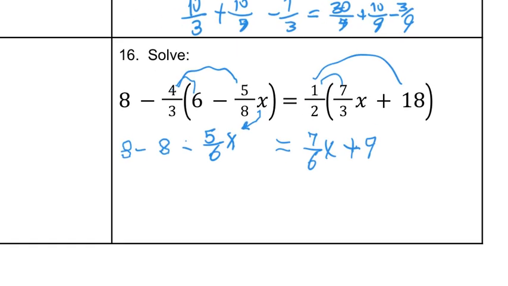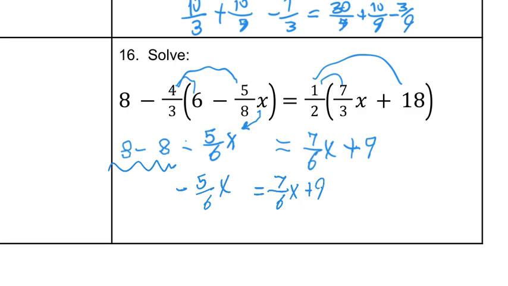Okay. So we got 8 minus 8 over here. That's gone. We have negative 5/6x. And over here we've got 7/6x plus 9. Let's get the x's all together. So let's get rid of the 7/6x. That would be negative 7/6x.